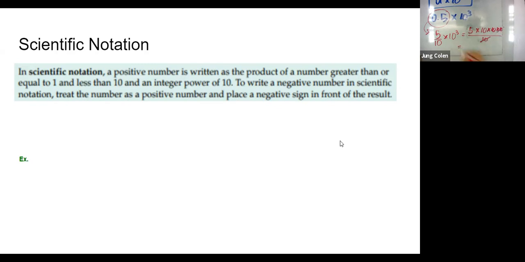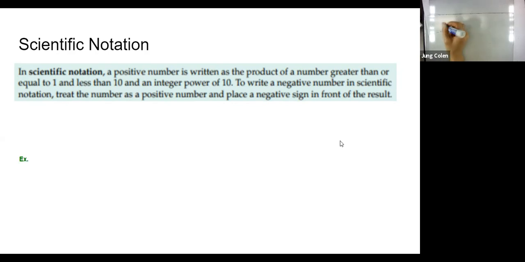And you have 5 times 10 squared. This is your scientific notation. That 5 is between 1 and 10. So yes, this is scientific notation. Okay, that's one example.